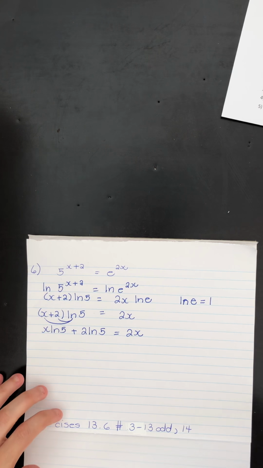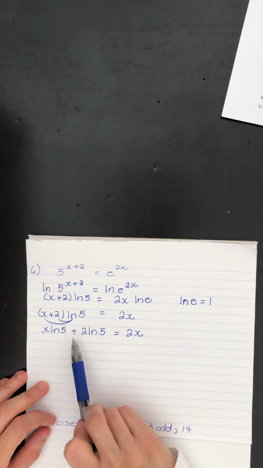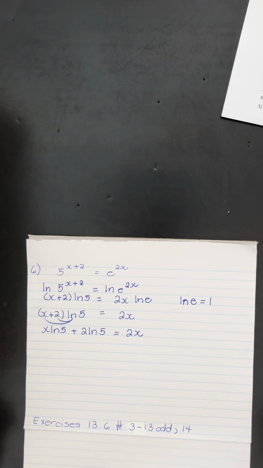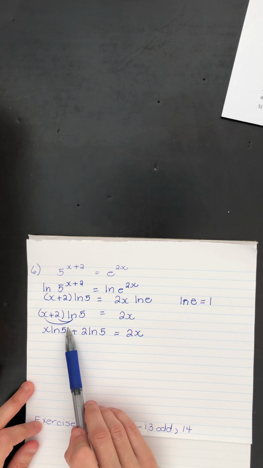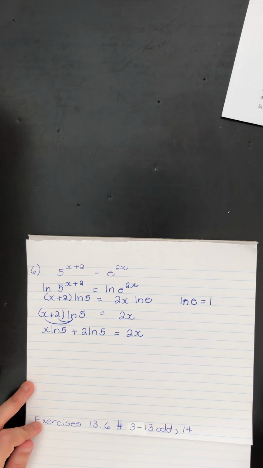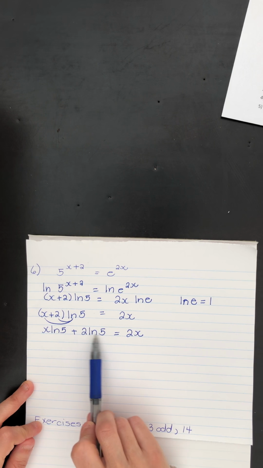Now at this point, we have two terms containing x and one term without x. We must get those terms containing x on the same side of the equation. So I think I will bring this to this side here. That way this one can stay here where it is positive.